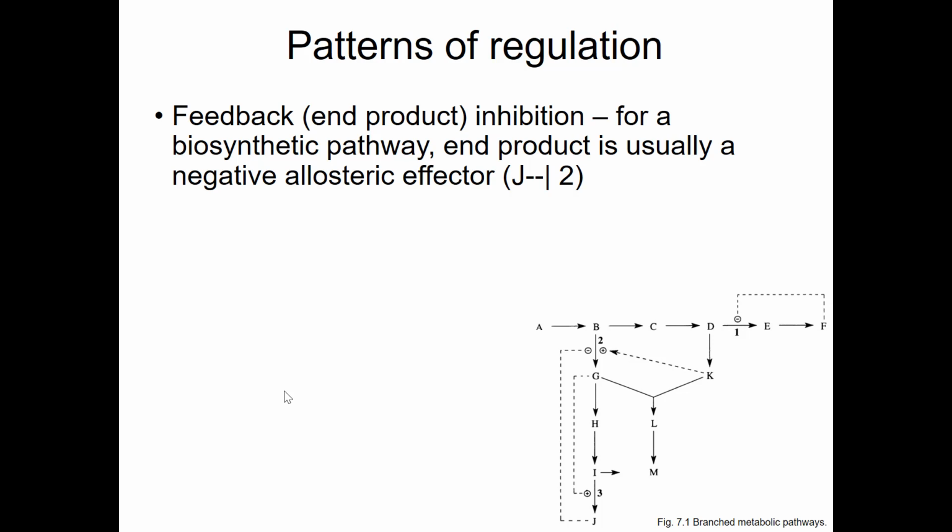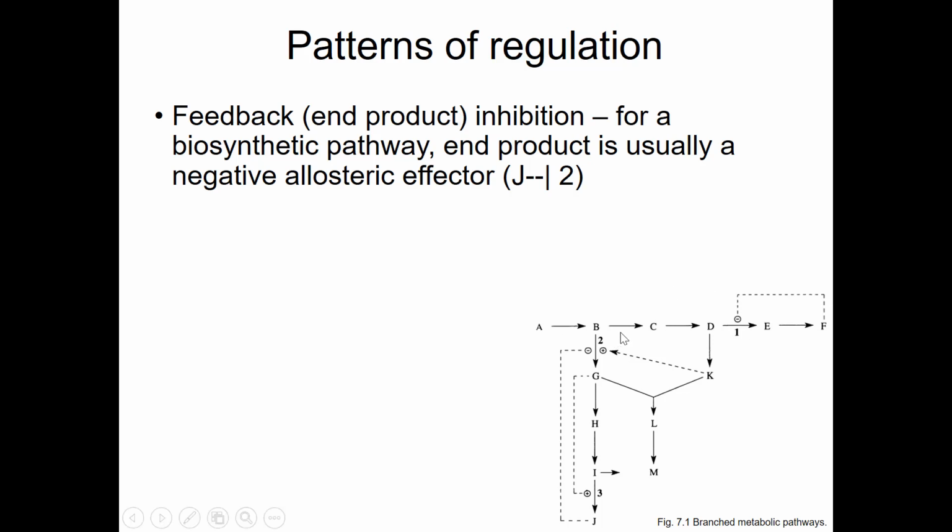So let's talk about patterns of regulation. Shown here in this diagram, this is a picture of an example metabolic pathway. So A can go through a series of reactions to be converted to either F or M or J, for example. So if we look at feedback or end product inhibition of a biosynthetic pathway, this is where the end product is a negative allosteric regulator.